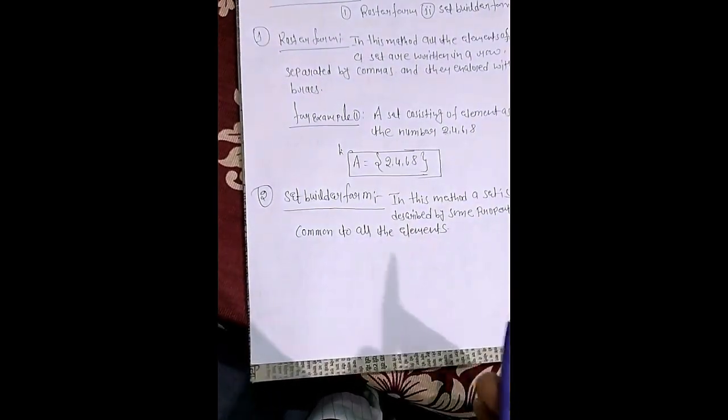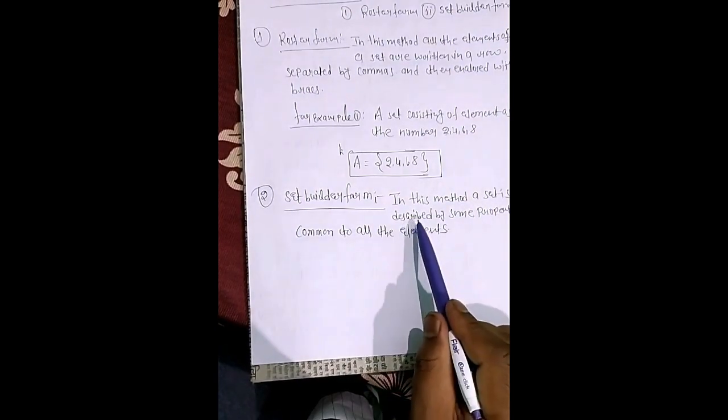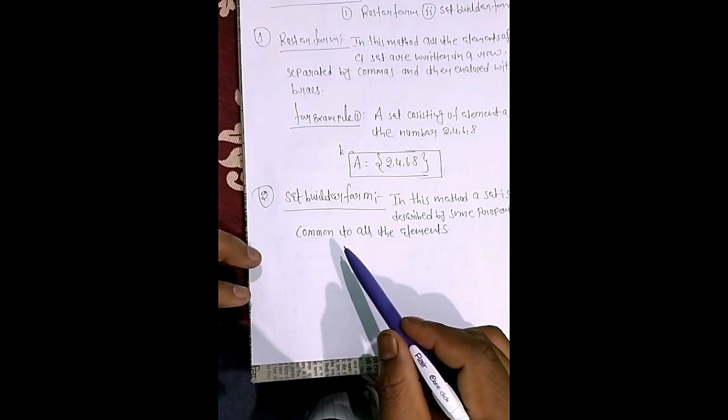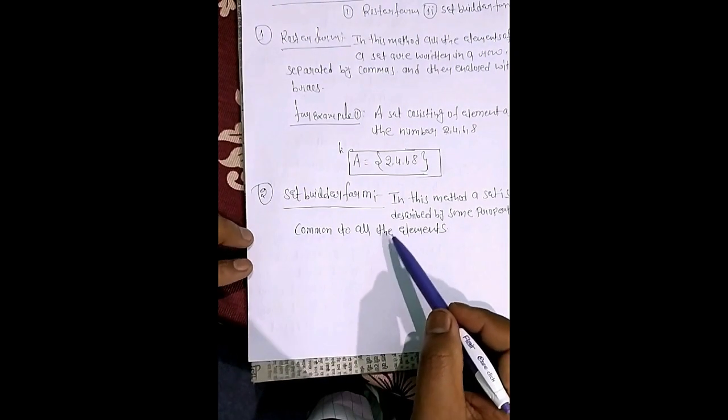Set builder form definition is: in this method a set is described by some property common to all the elements.